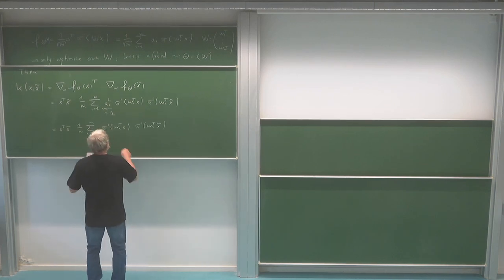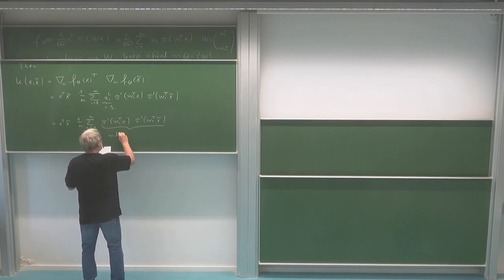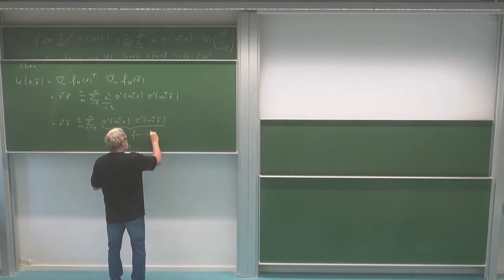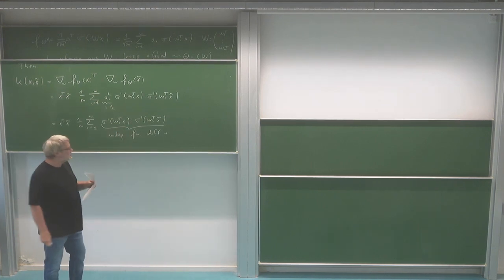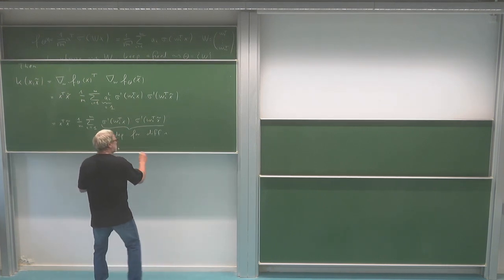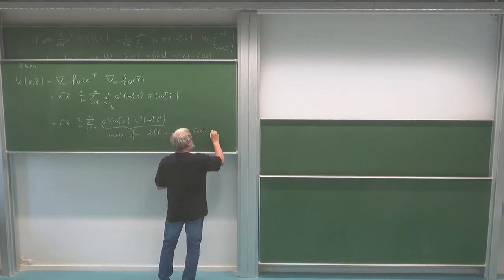So those are all independent for different i, and for each i they have the same distribution.